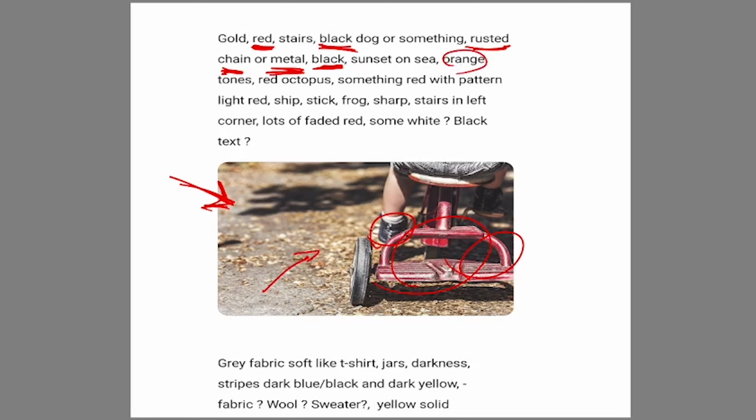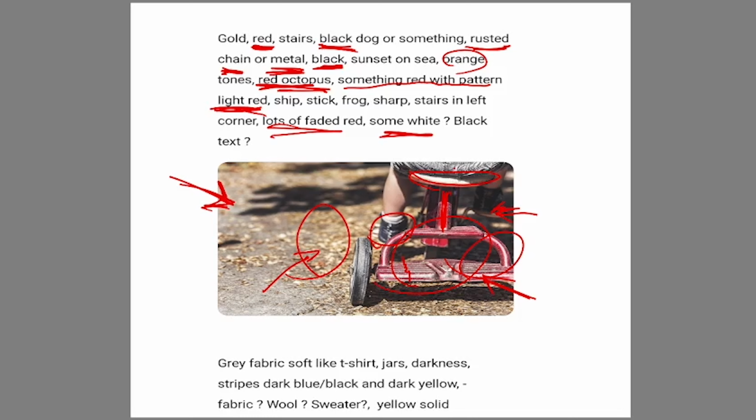Orange tones, I mean, come on, that's like autumn season. Something red with pattern, light red. Something red with pattern. I got stairs, but you can kind of say this looks like stairs. Lots of faded red, some white. I mean, that's one of the most accurate ones I've gotten after just two to three days of practicing, which is amazing.